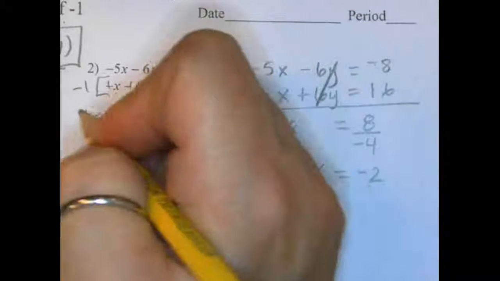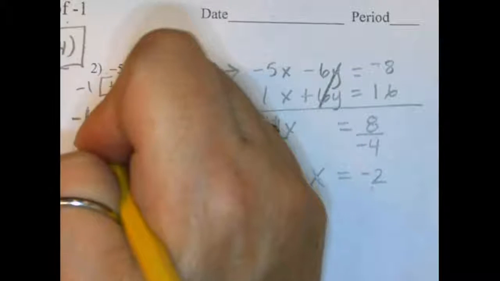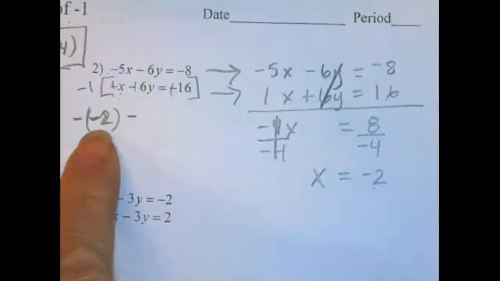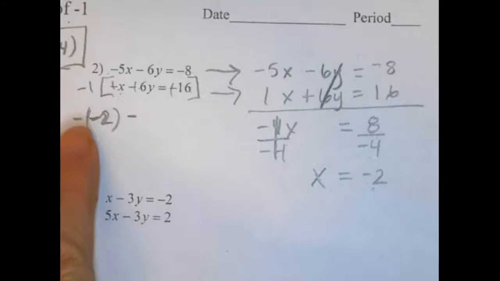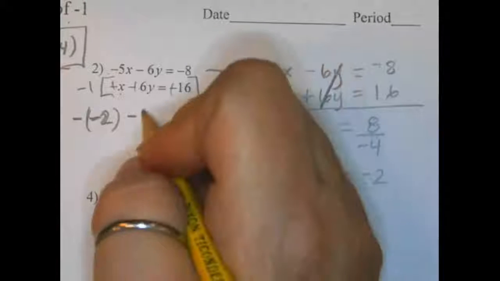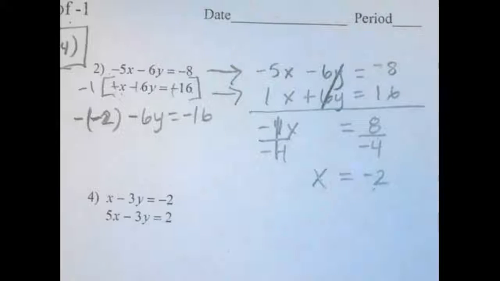Minus, oh, remember it's negative. So it's minus a minus 2. Pay attention to that. Minus a minus 2. X is my negative 2, but it's already negative, right? So I need to include that minus sign outside. Okay? Minus 6y is equal to negative 16.